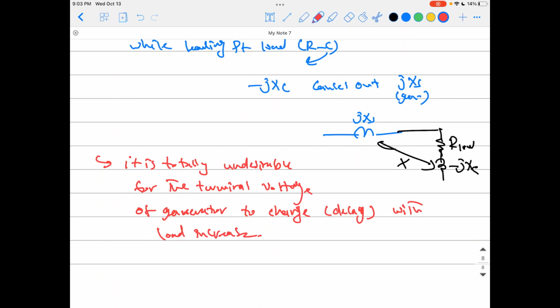If your load decreases, the terminal voltage will increase. So we don't like both of them. We need our voltage to be stabilized, fixed, not going anywhere.